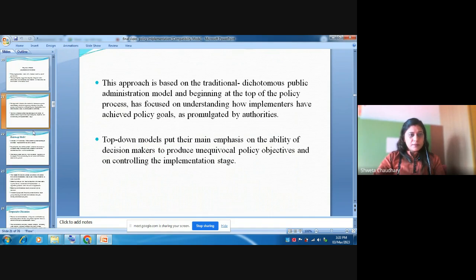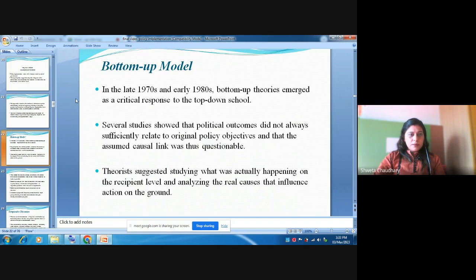Then next is bottom-up. This was developed in the early 1950s. Several studies have shown that policy outcomes did not always sufficiently relate to original policy objectives. Sometimes the government introduces some policies, but whatever the government has thought of is not implemented. It has not reached the grassroots level.